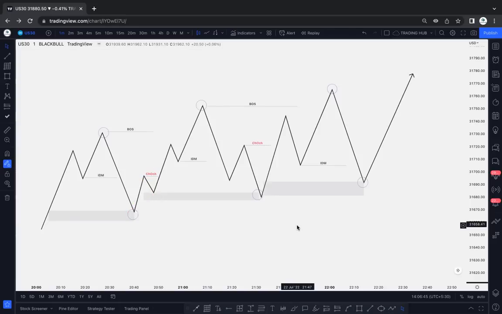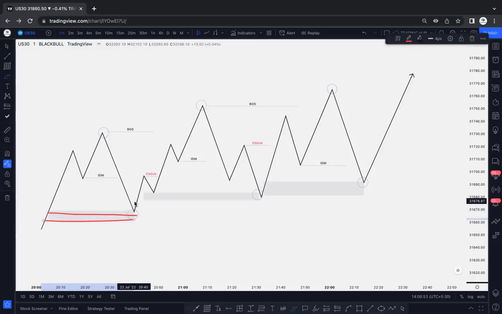Not important if the choch has to break this level and then go up. Actually, sometimes what happened, market tap here, only demand is here. And sometimes what happened? Market tap here and then market push higher and create something like this move.